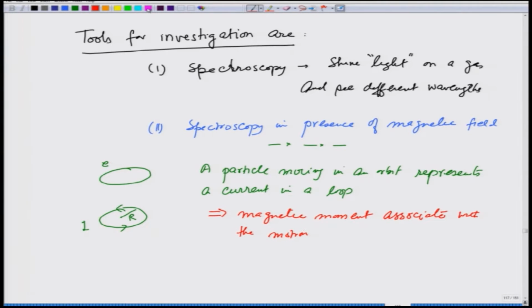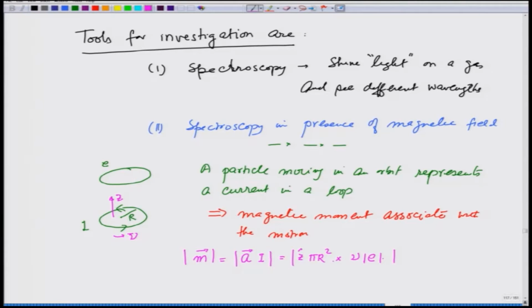And just a quick calculation, how much will be the magnetic moment? Magnetic moment is given by area, written as a vector, times I. Area for a circular orbit will be πr², and suppose this direction is z, I will write the z unit vector, times I, which would be the frequency of going around times the charge itself, e. Right now, let me just worry about the magnitude.